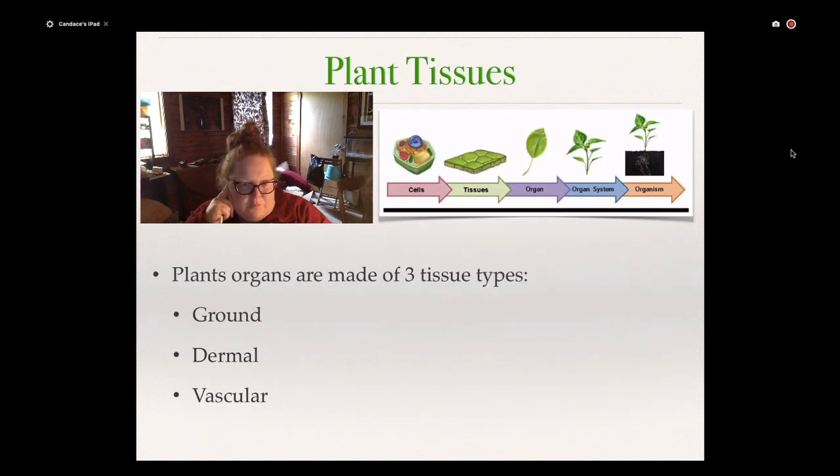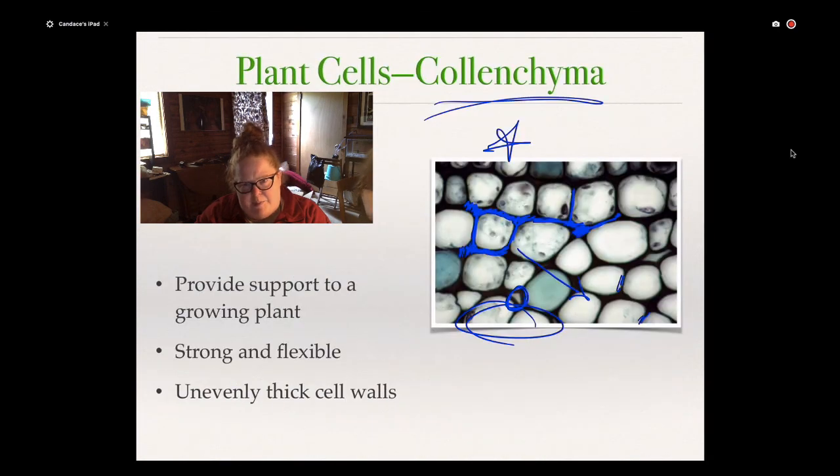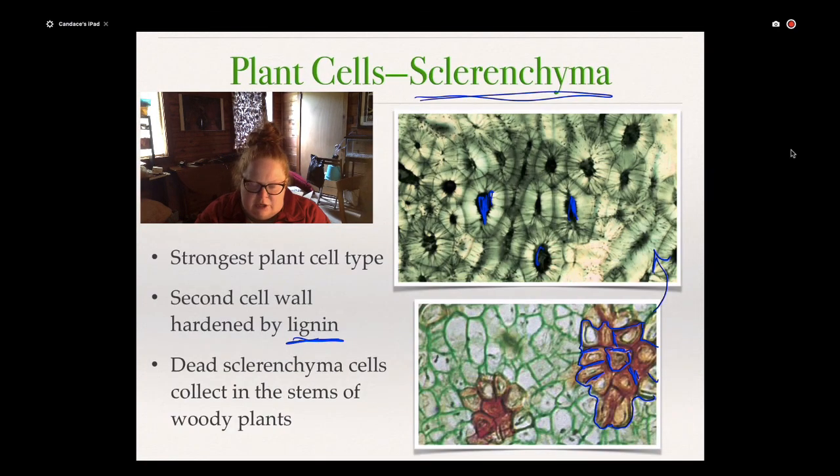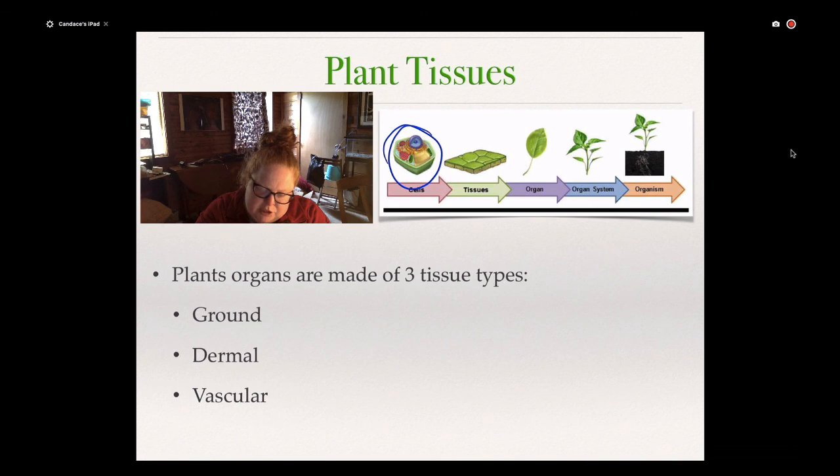Okay. So remember, we were talking about these levels of organization. We've talked about cells. One of the things I want you to notice is that when we looked at these cell types, they don't necessarily look like this picture of a plant cell that we have in our mind. Those structures are there. It's just that it doesn't look just like this.